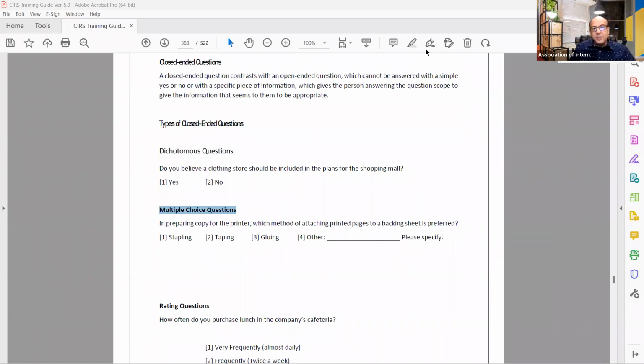SurveyMonkey usually is an online, easy to use tool to put something online quickly, so that it's available for the subjects to participate quickly.